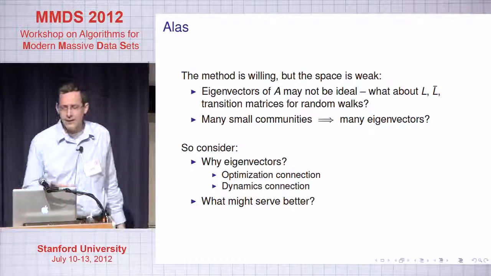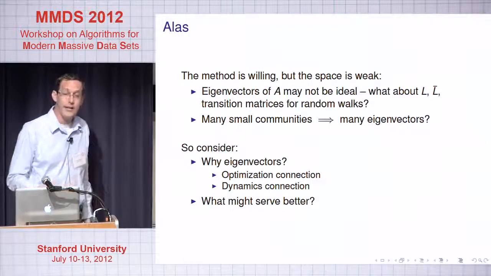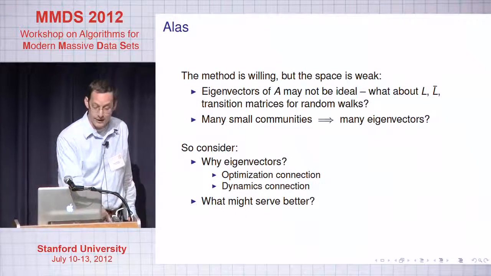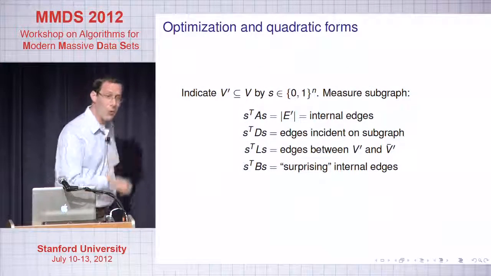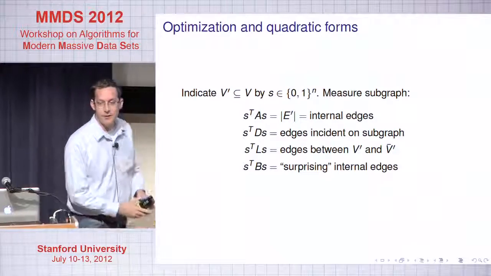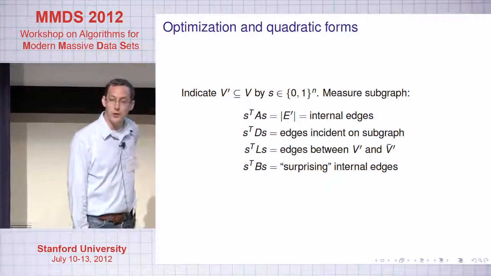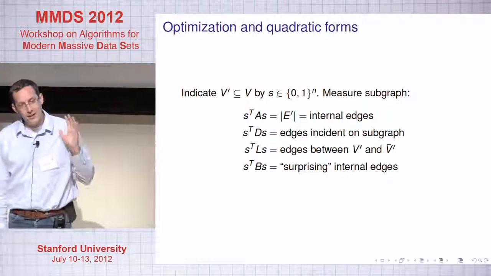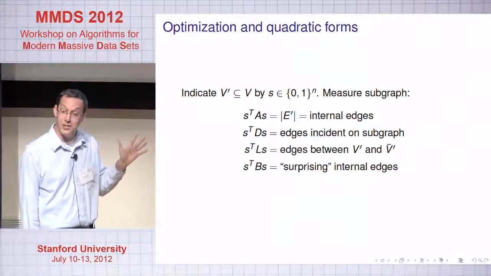Well, let's consider why eigenvectors are a useful space to probe in the first place, and then think if we can find another space that has similar properties that will do as well. Right? So one reason why eigenvectors give you useful information about communities or clusters or however you want to think about it is the reason that we talked about at the very beginning when we were looking at classical spectral partitioning.